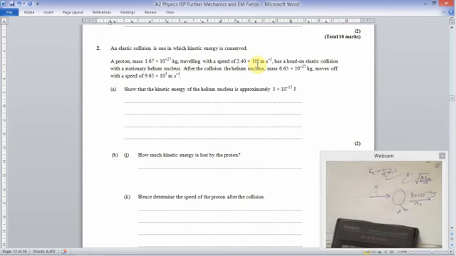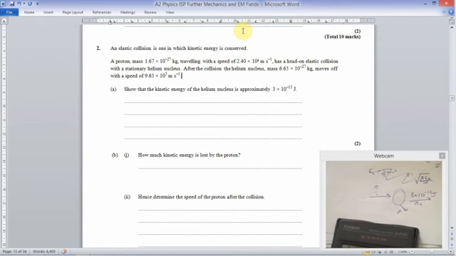Okay, so this is the original kinetic energy I'm figuring out. So the mass of the proton times the speed of the proton squared, halved. Okay, 1.67 times 10 to the minus 27 times 2.4 times 10 to the 6 squared.